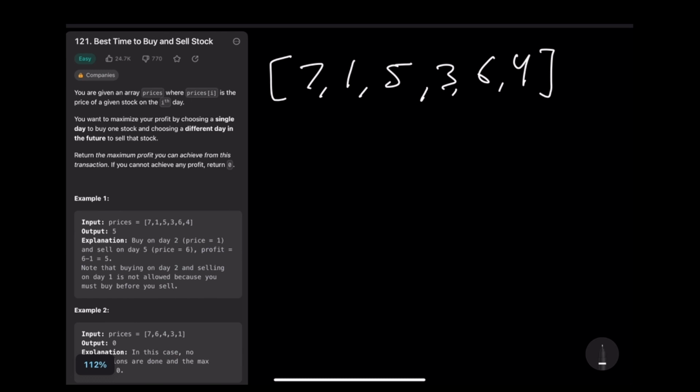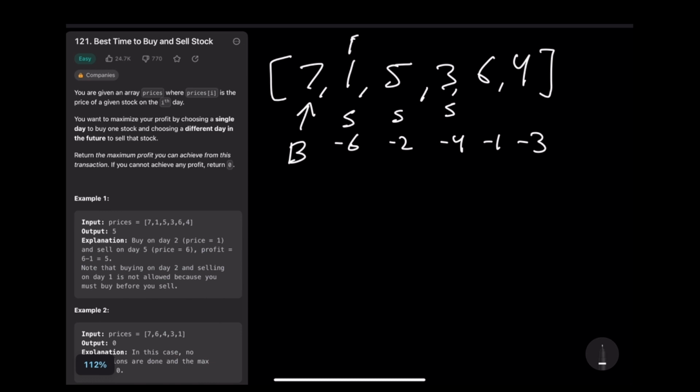So what I mean by that is, if we buy at 7, so I'll put a B there. If we sell at 1, we make minus 6. If we sell at 5, we make minus 2. If we sell at 3, we make minus 4, minus 1, minus 3. And then we could keep track of all of those values.